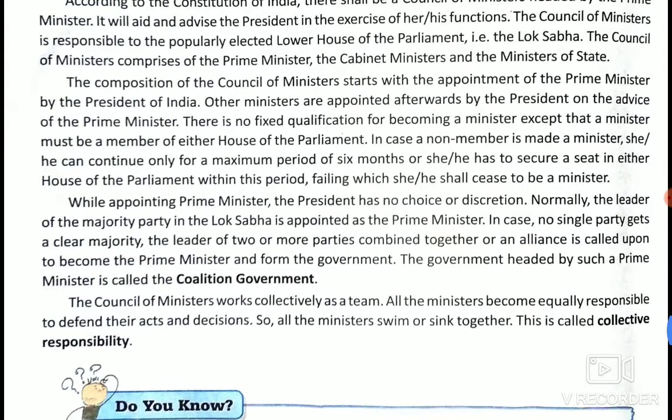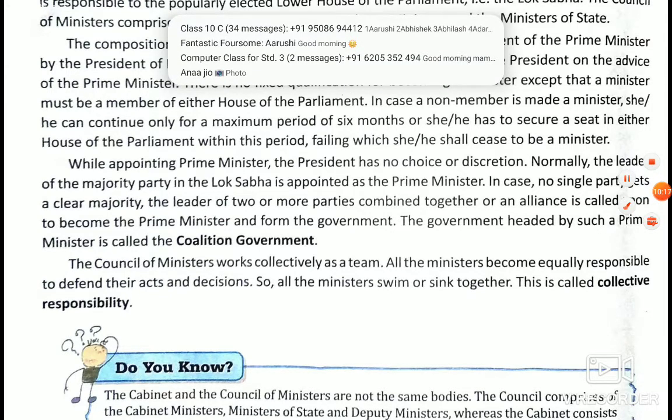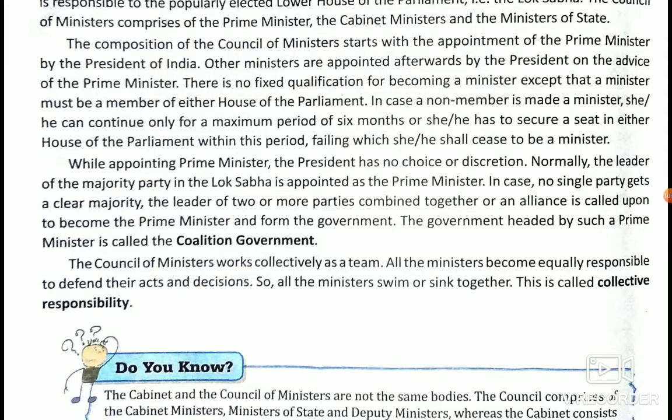There is no fixed qualification for becoming a minister except that a minister must be a member of either house of the parliament. In case a non-member is made a minister, she can continue only for a maximum period of 6 months and has to secure a seat in either house of the parliament.